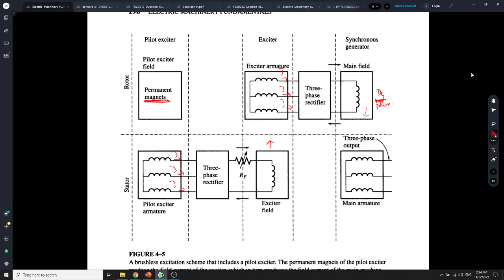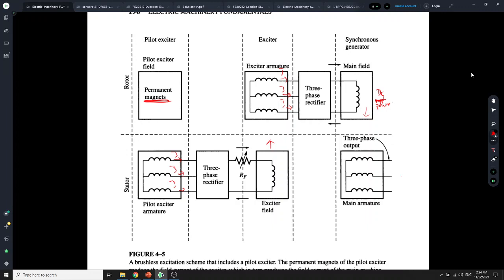When there is a magnetic field here, it cuts through the coil, the main armature, and then they will produce the output of the generator. So this is interesting.